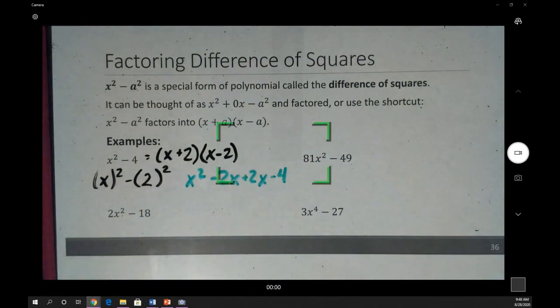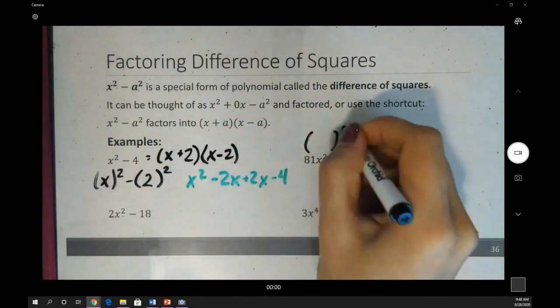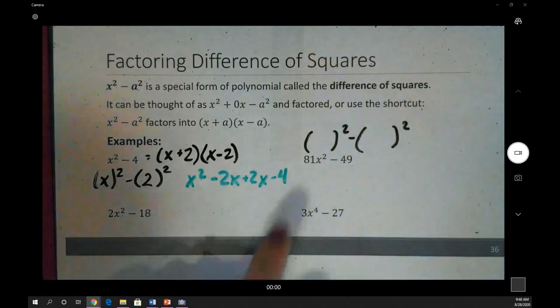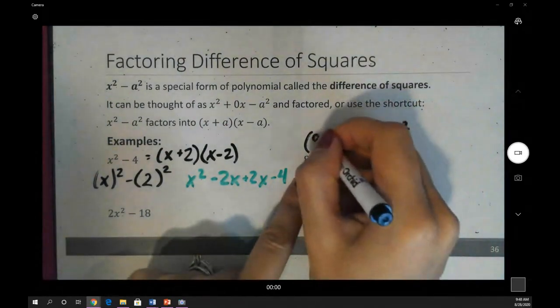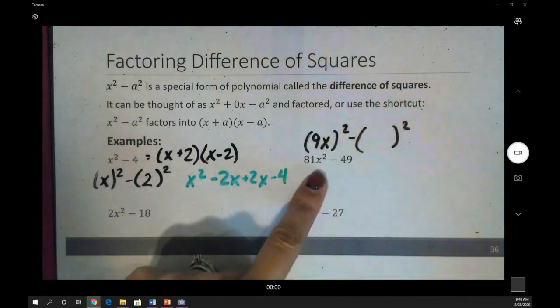So in the next example, 81x squared minus 49, I want to write it as something squared minus something squared. Well, to write 81 as something squared, that's 9 squared. And to get the x squared, we need to square x.